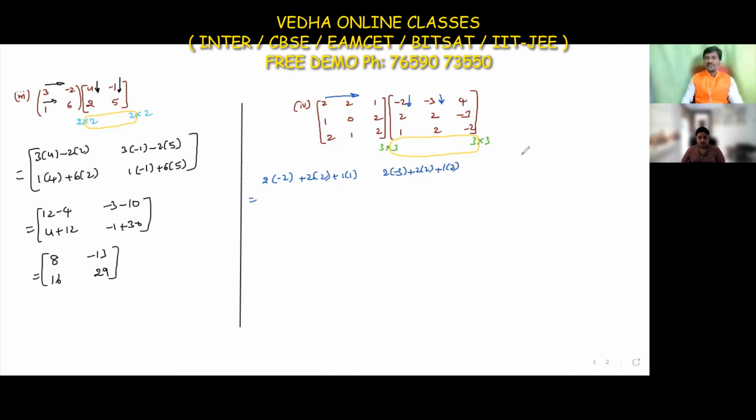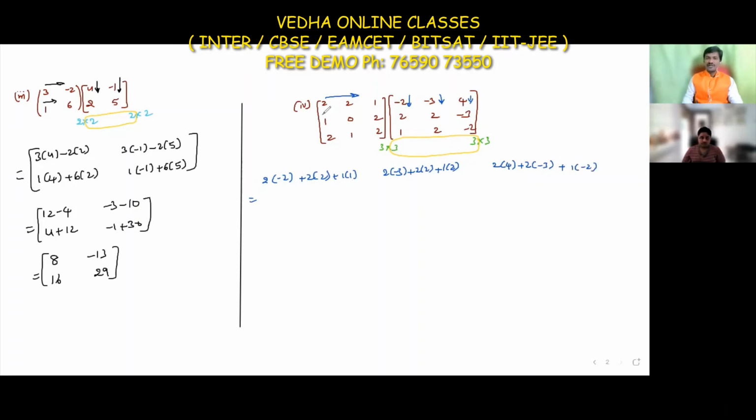Now first row with third column: 2 into 4 plus 2 into minus 3 plus 1 into minus 2.